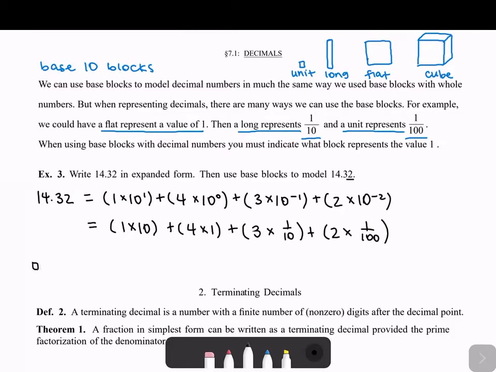So we have 2 of these units. And this is another reason why I refer to these just by the names unit, long, flat, and cube, rather than 1, 10, 100, 1,000, because they represent different things, especially when we talked about different bases, but even now here when we're doing decimals. So we had 2 of the units, and now we'll do 3 of the longs.